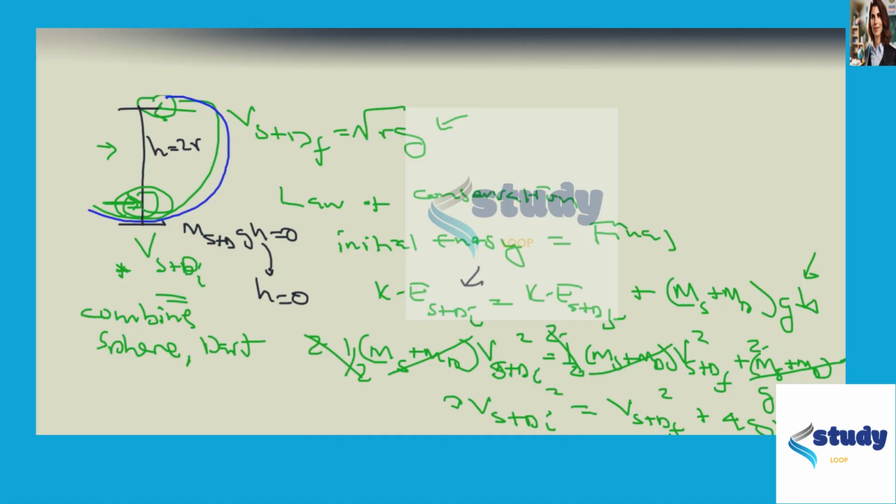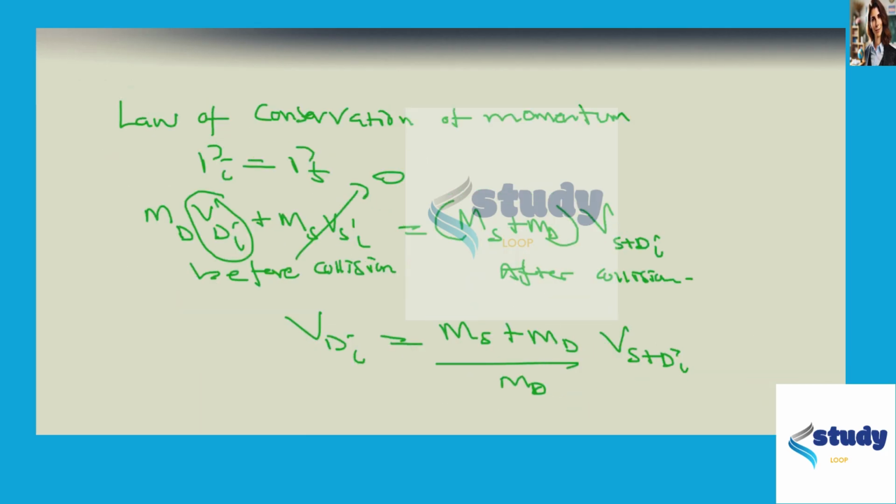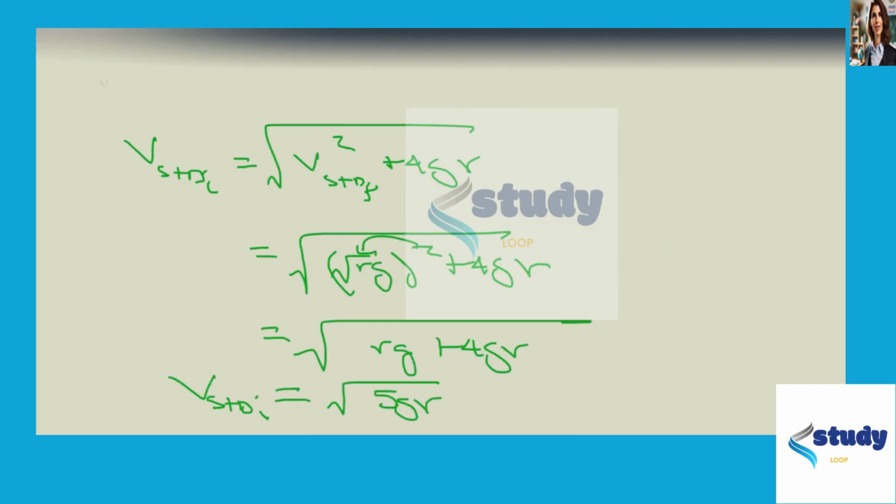So when they combine, if we go back, now we can plug in the numbers. The mass of the sphere is 20 kilograms plus the mass of the dart is 5 kilograms, times that velocity that we just got, radical 5gr.